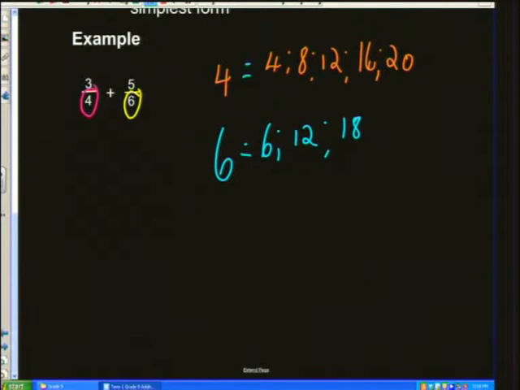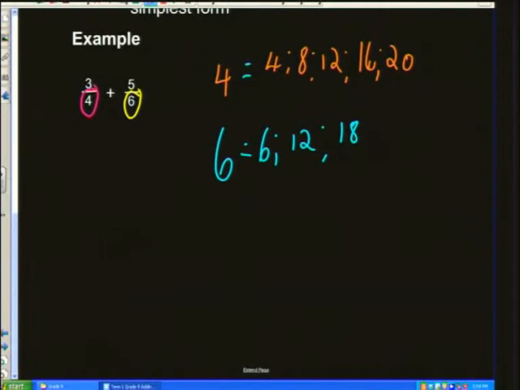Let's stop there. Already, I can see some commonality here. I've got 12 as a multiple of 4, and I've got 12 as a multiple of 6. Hence, I've stopped. I don't want to continue because I've already found what I'm looking for.